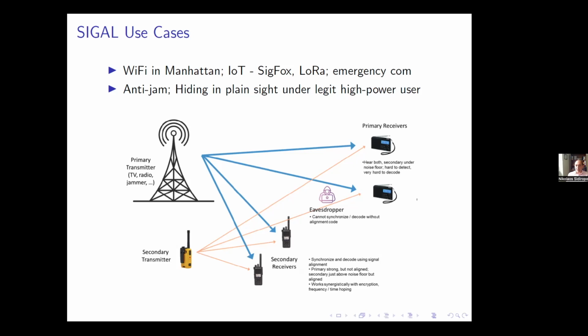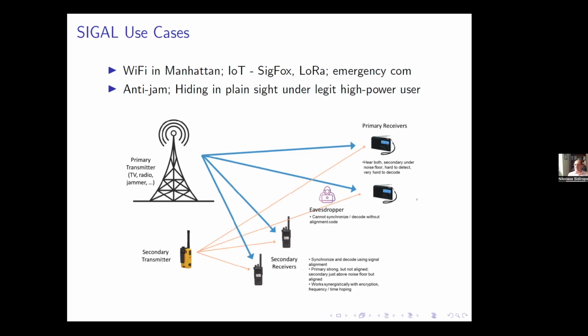With signal alignment, we can actually use those repetitions to improve performance and resist interference from a primary signal, which will allow us essentially to reuse existing good low frequency and mid frequency bands to do data collection in IoT with much better performance.